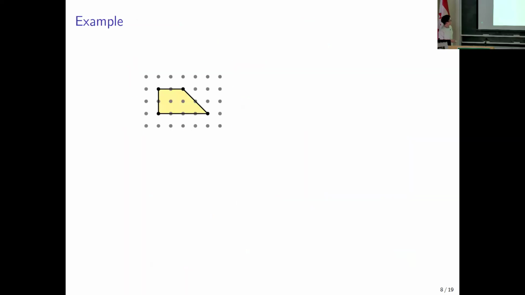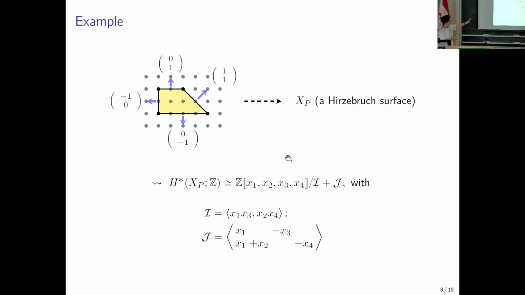Yeah, just an easy exercise. This is the picture for the Hirzebruch surface, a 4-dimensional space. In this case, I have (1,1), (0,1), (-1,0) and (0,-1) for this Hirzebruch surface. And then the cohomology is very simple. We have one type of ideal and the second type of ideal. This ideal I determines combinatorially that the polytope has to be a square, right?